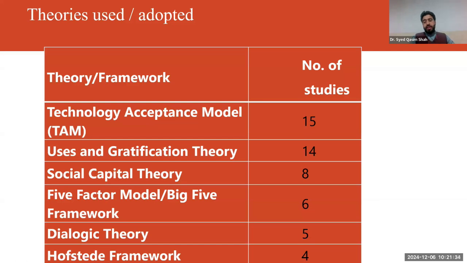Uses and gratification theory, 14 articles are based on this theory. 8 articles are based on social capital theory, 6 are based on factor modeling, dialogic theory, and other theories. This is how we identify the different theories in a certain research theme that have been used in the past. There will be a huge list, as people are using different theories according to different studies.